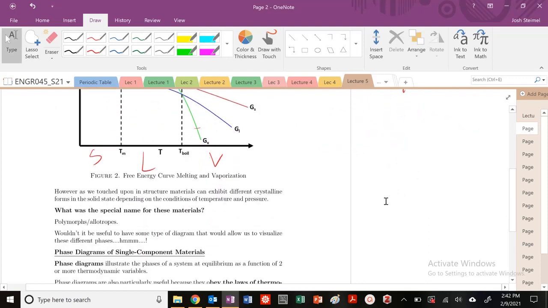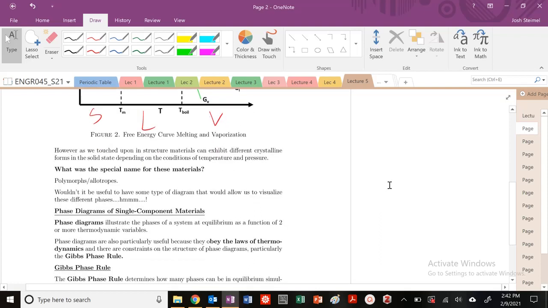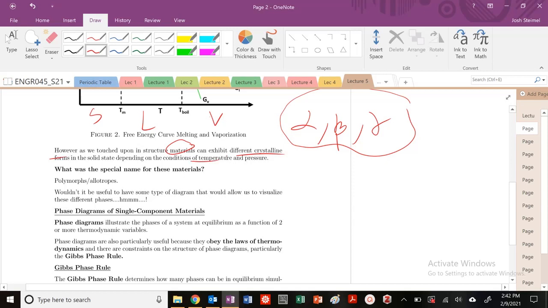So that's how we're going to figure out the different phases that a material can exist in. Now, I've already said this: alpha, beta, gamma. You see these in terms of phases. We know that materials can exist in multiple different crystalline forms or structures, depending on temperature, pressure, etc. What was the name of those? Allotropes or polymorphs.